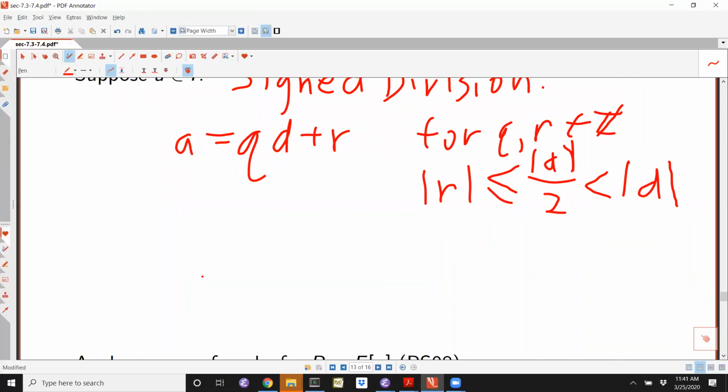Okay, so the point is now that r is equal to a minus qd. I like it when plus is equal to minus, but that's not always true.